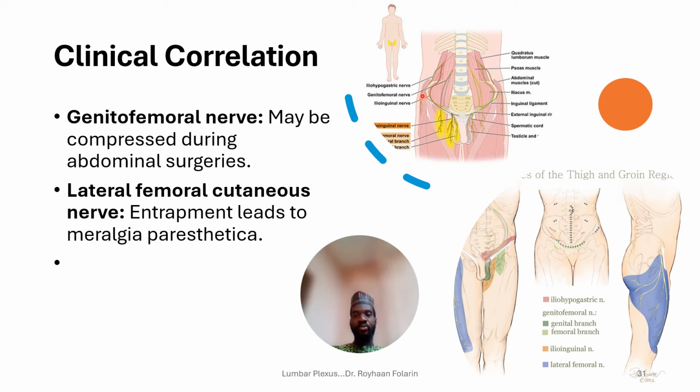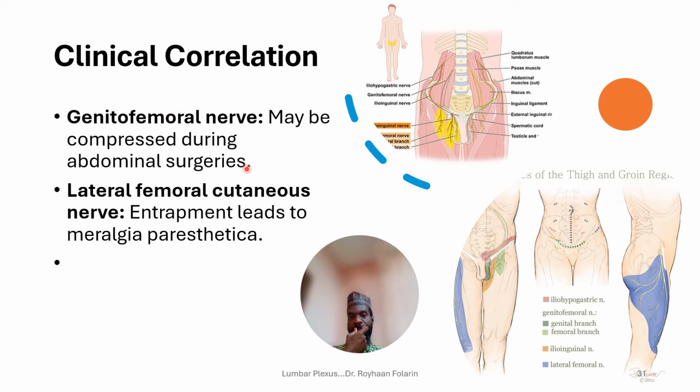You can see it's quite close to the anterior superior iliac spine, as earlier mentioned. This makes it very prone to compression in conditions like obesity or when somebody wears tight clothing. Whenever it gets entrapped, an individual would naturally feel pain around that area. Also, the genitofemoral nerve may be compressed during abdominal surgeries too.